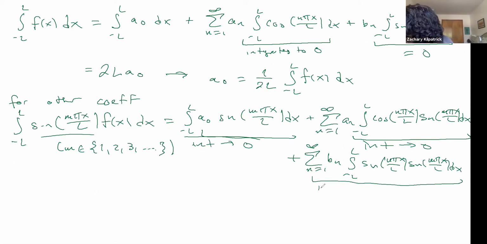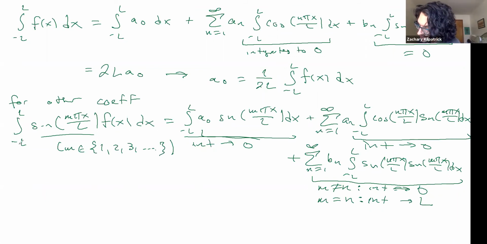So basically when m not equal to n, the integral is equal to 0, okay? And when m is equal to n, essentially you can show that the integral goes to L in this case, okay?